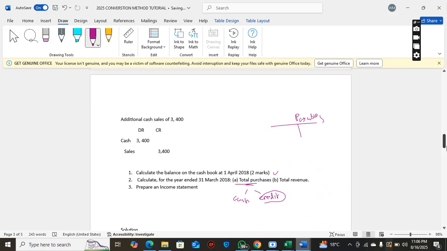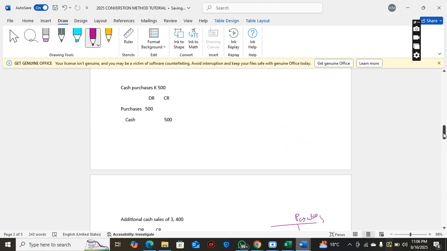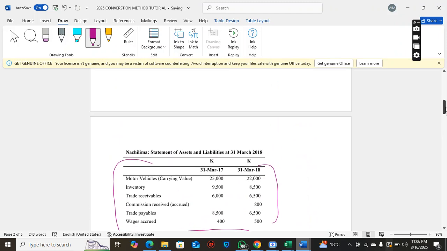So we need to get our credit purchases. Now this is where the puzzles begin.